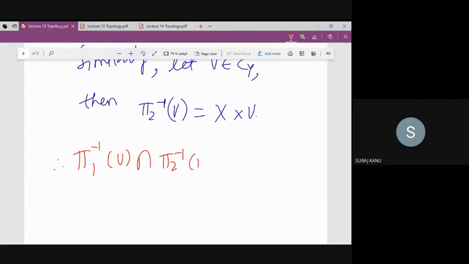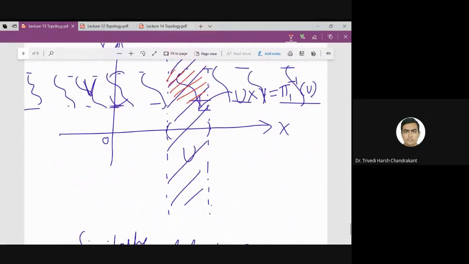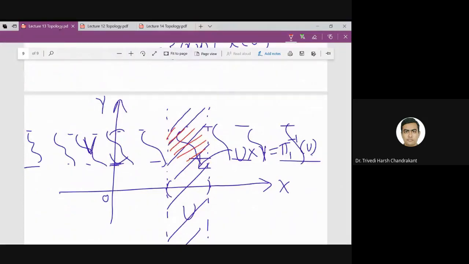That will be u cross v, right? So that we can see from the figure also, it may be square or rectangular, but it is always u cross v. U cross v means exactly the interior of this rectangle.